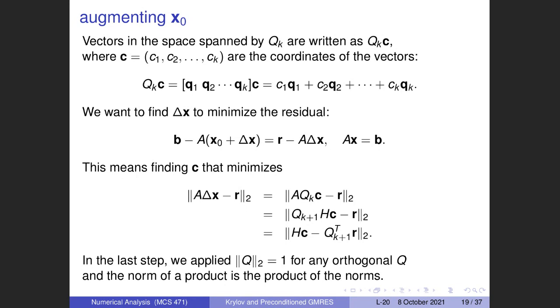It will turn out that we rewrite the delta x in terms of the basis Q, and this will minimize the least square error with the matrix H. On the previous slide, we are actually using this relationship, that A times Q_k is Q times the Hessenberg matrix, with the column added.